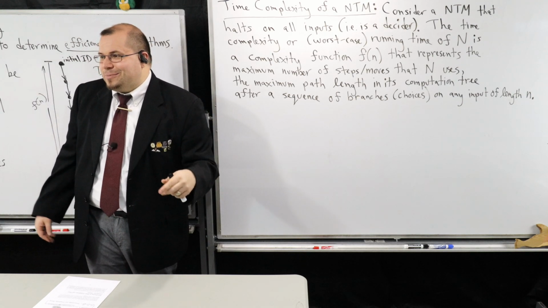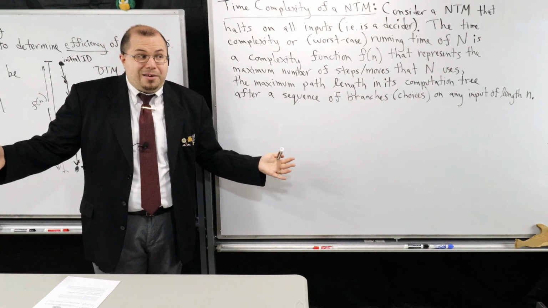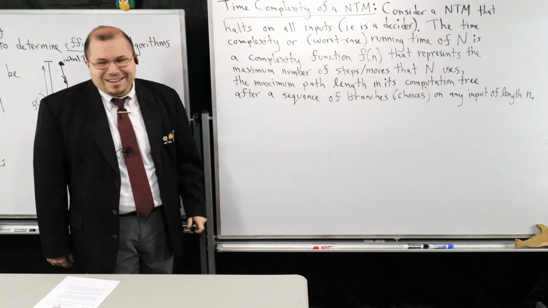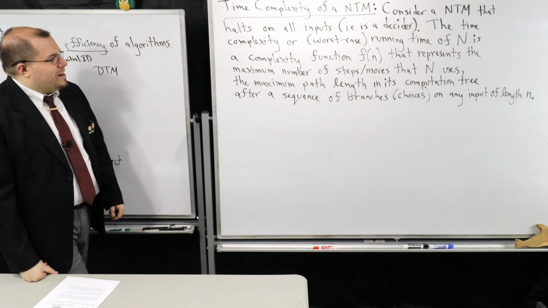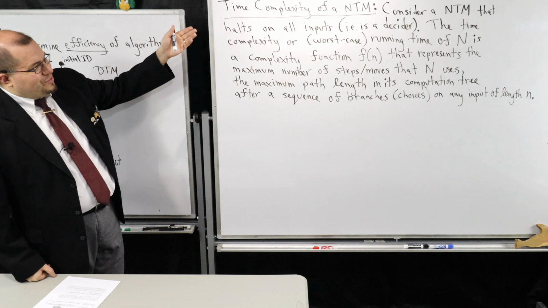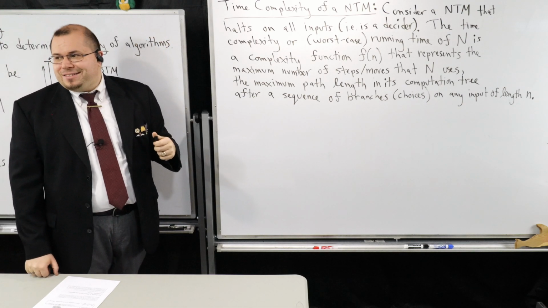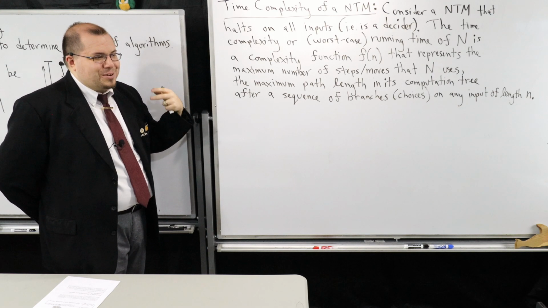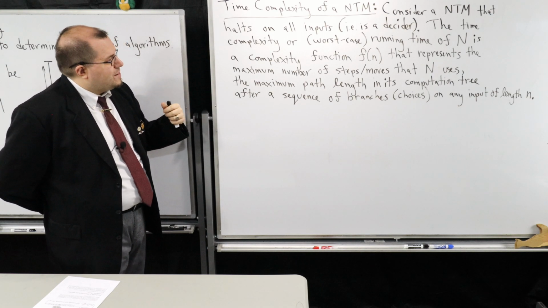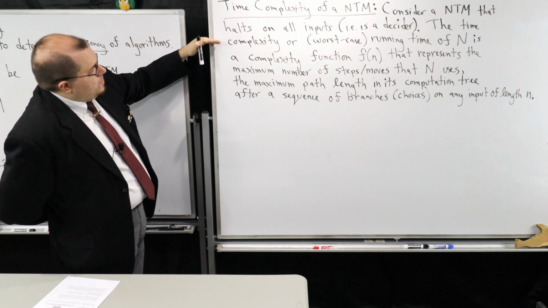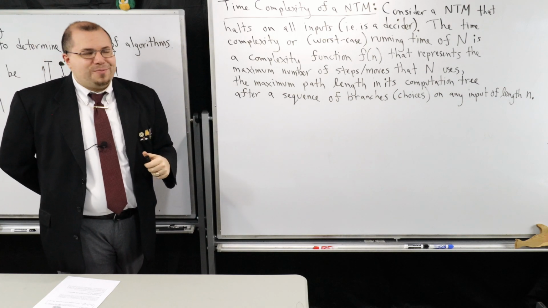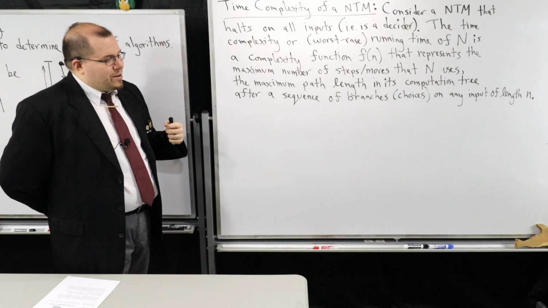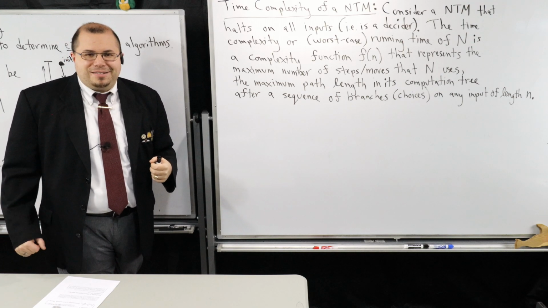That means that the maximum number of moves possible may not actually be a finite number. So that's why we're doing this, because we're interested in the efficiency of our machines here. In contrast, and to be analogous with this, we're talking about the efficiency of algorithms. So the time complexity, or worst case running time, for our non-deterministic Turing machine will be also given by a complexity function.